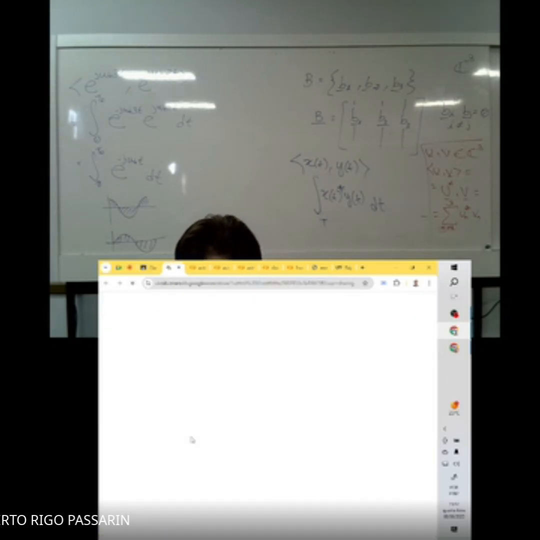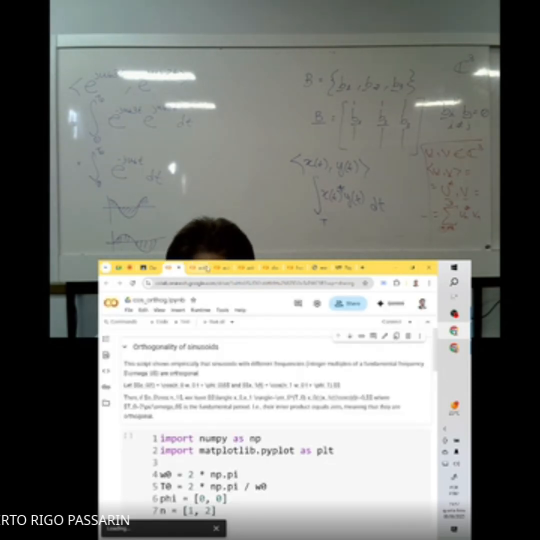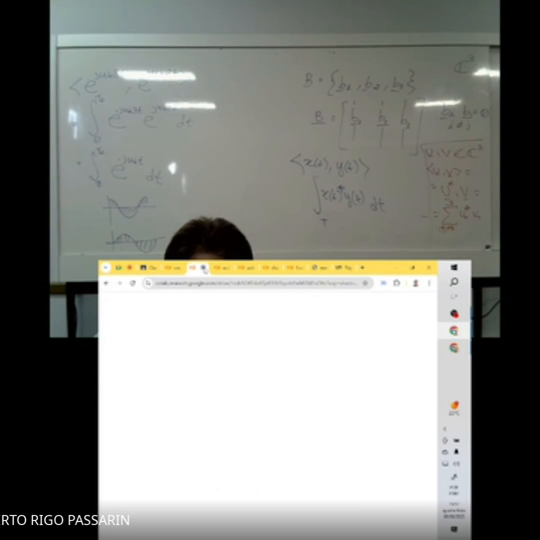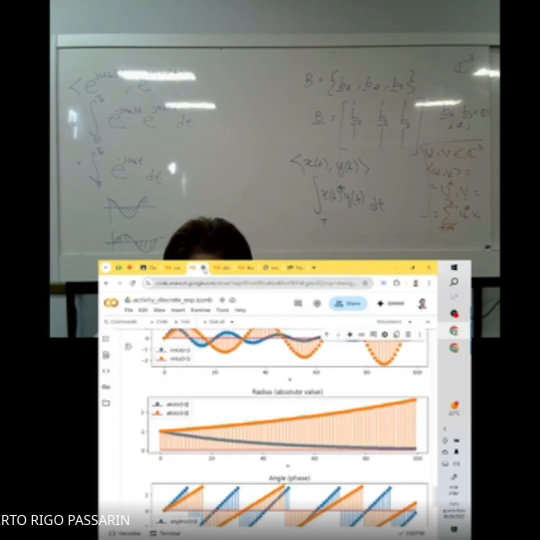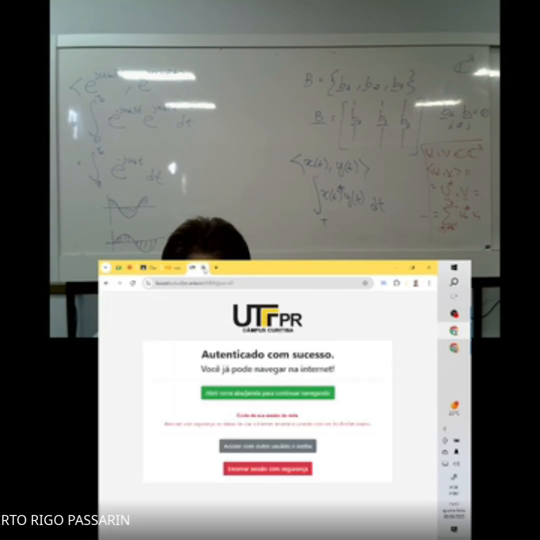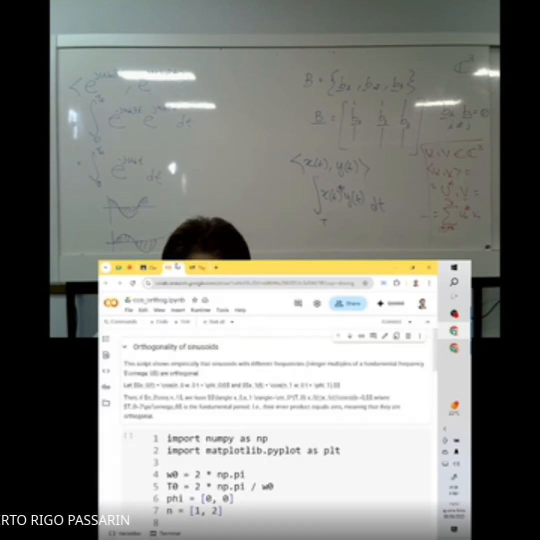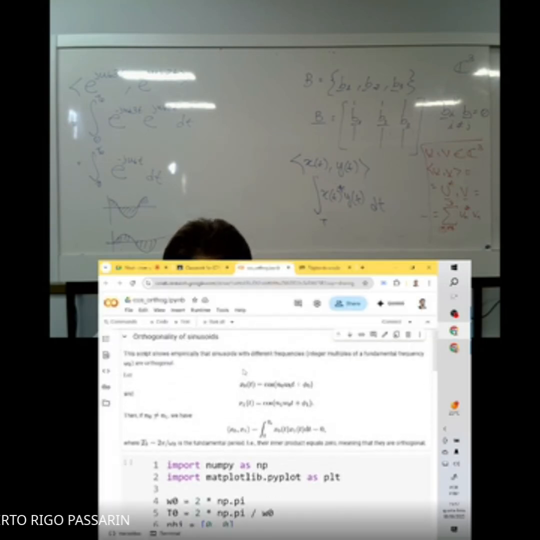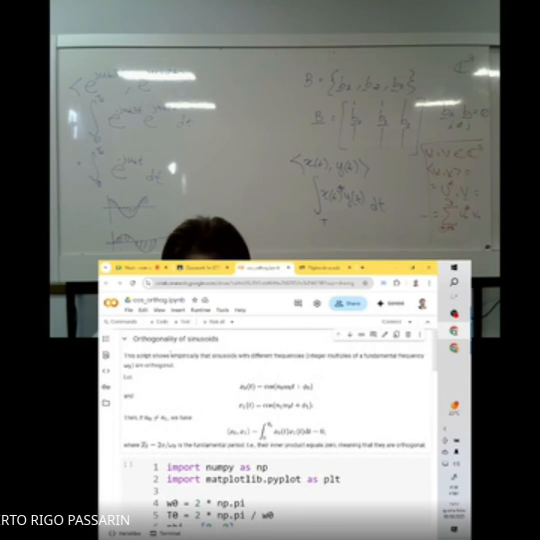Orthogonal. This script shows empirically that sinusoids with different frequencies, but they're integer multiples of a fundamental frequency, are orthogonal.